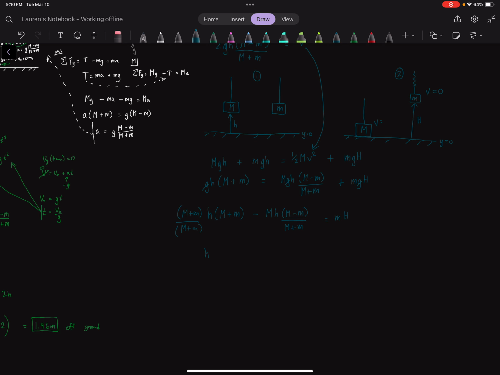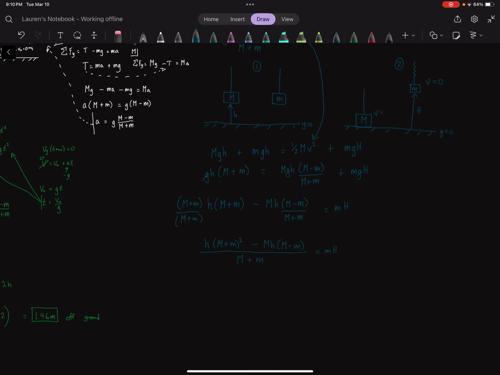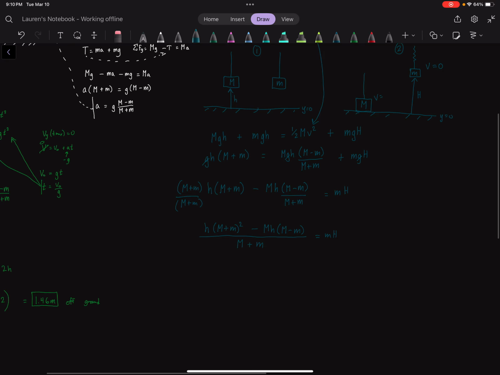So that way we have h times big M plus little m squared, and it's going to be all over big M plus little m, minus big M times H times big M minus little m, over big M plus little m. We have this MH over here, this pesky little mh. Let's see. We can multiply this out and see if anything cancels.